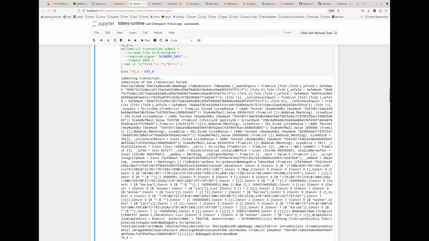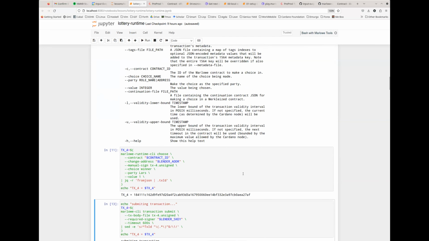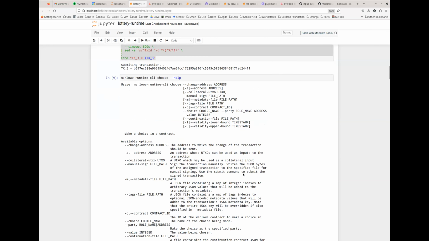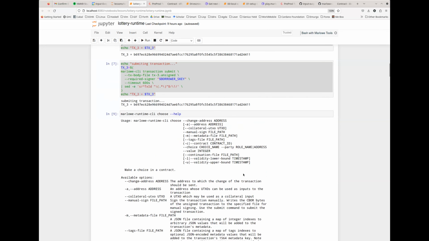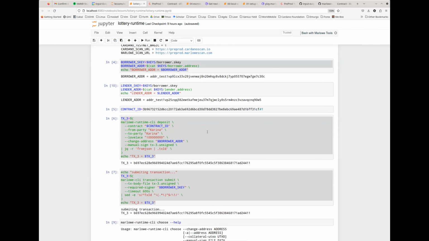But that's not the public key hash, right? So it's different. I mean, we could figure that out. You're also using TX4 again, but not sure if that's doing something. Earlier was TX3, right? That's right. It's the fourth one.